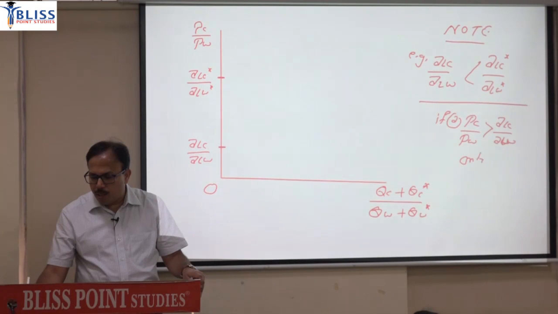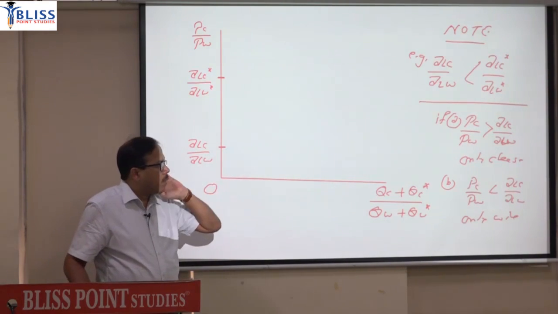In that case only cheese होगा. और B point, if PC by PW is less as compared to ALC by ALW, in that case the country will produce only wine. Just keep that in mind.